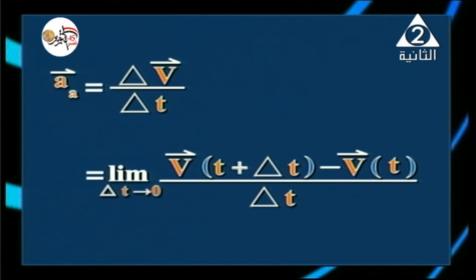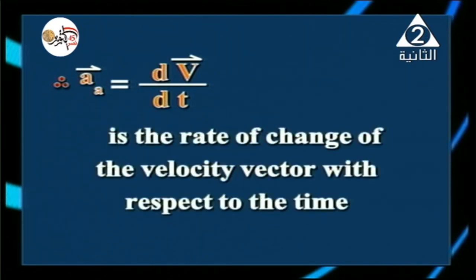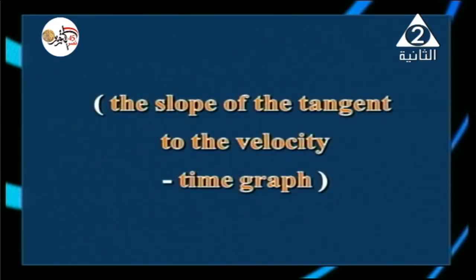This is acceleration. My dear student, look at acceleration, delta v over delta t. We can put acceleration in another form, dv over dt, differentiation of the velocity with respect to time. It is the rate of change of the velocity vector with respect to the time t, or the slope of the tangent to the velocity time graph.